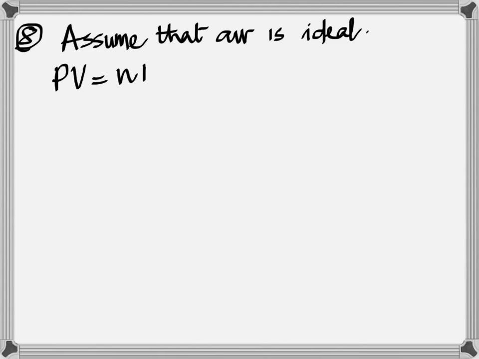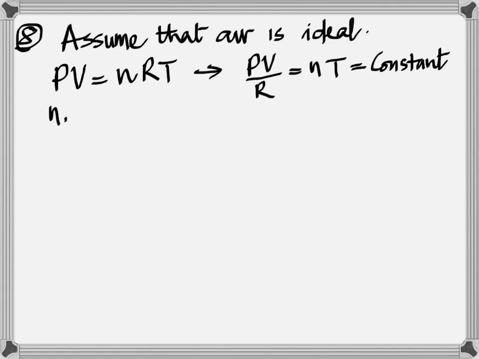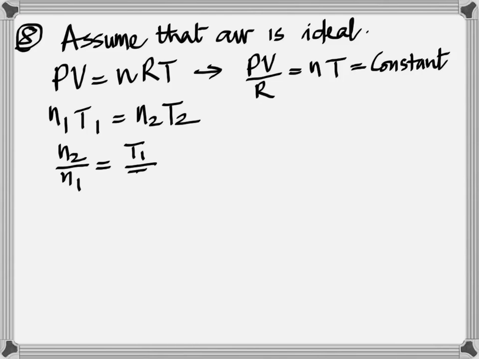Eight. We've also got to assume that air is an ideal gas. And therefore we can use the ideal gas equation. We know that in this case pressure and volume are constants and R is always a constant. So the right hand side N times T is constant. Therefore N1T1 is equal to N2T2.